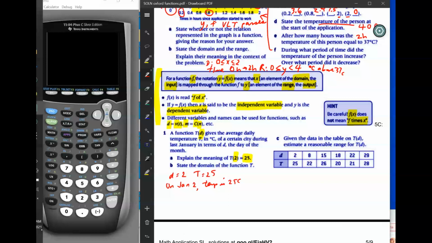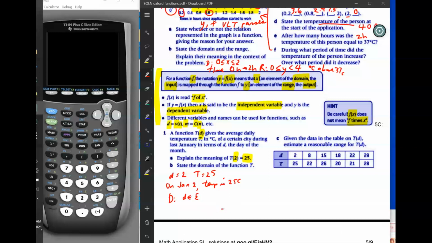So what are the possible days in January? So the domain would be, D is an element, and remember, it can't be January 1.5. So it's just the integers. So you can't do an interval where you say, oh, if D is between 1 and the 31st of January. You can't do that because that would include decimals, and we don't want decimals.